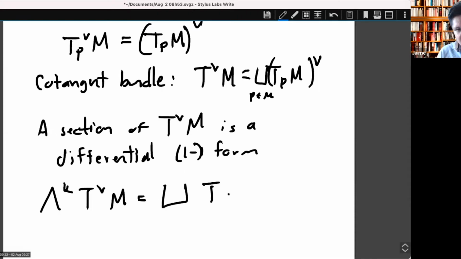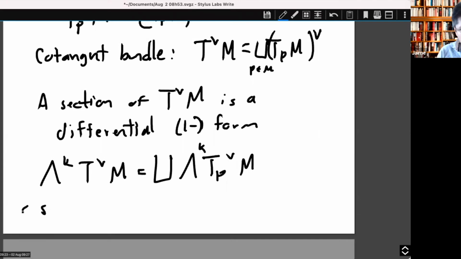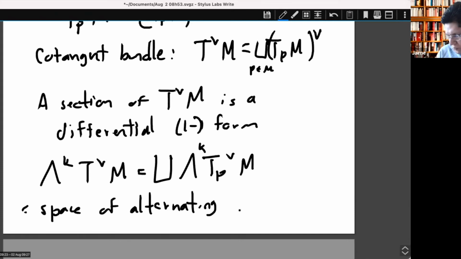Locally in each point, you take these spaces, and then you can take the alternating product here, and then you can take the union of those, and this is the space of alternating tensors.